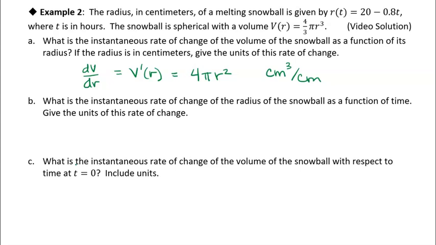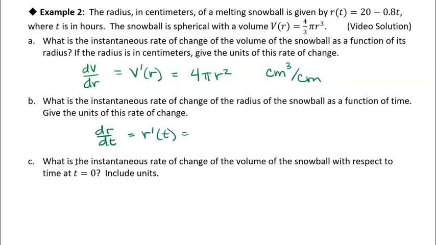That's the first part, and then we're asked to find the instantaneous rate of change of the radius of the snowball as a function of time. So we're just going to use the formula that we're given. This is r prime of t. We could also write this as dr/dt.